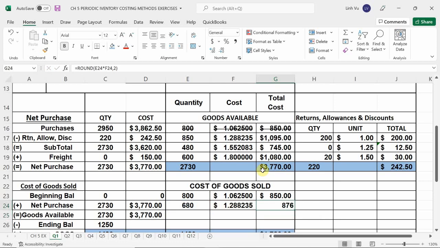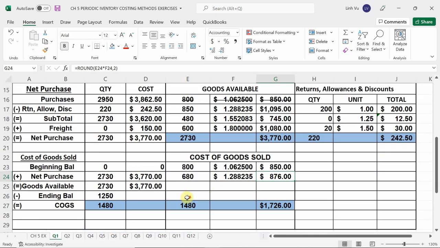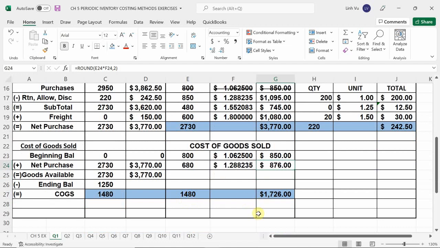Nope, that's correct. 875.99 something. So it's going to tell you to round up. In this case, $876 is correct.